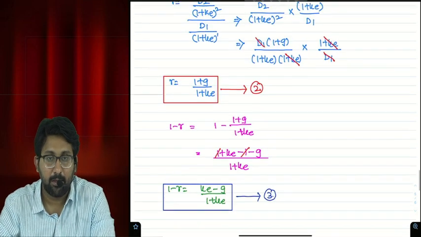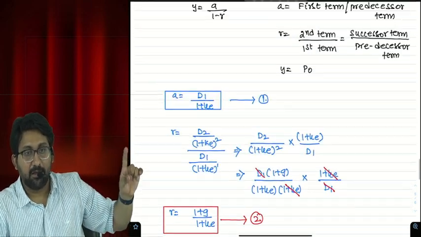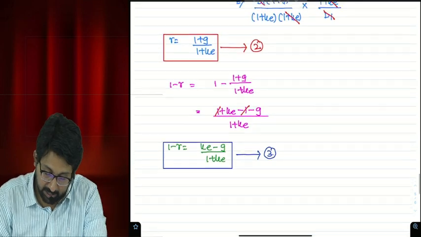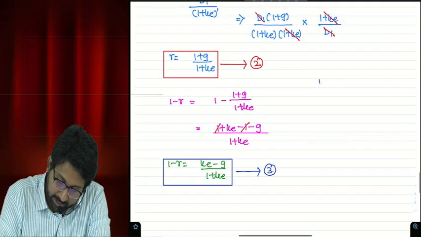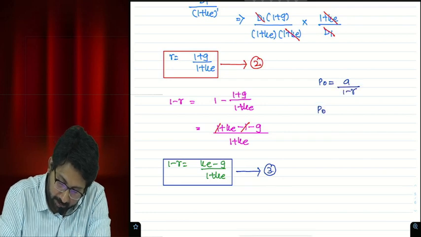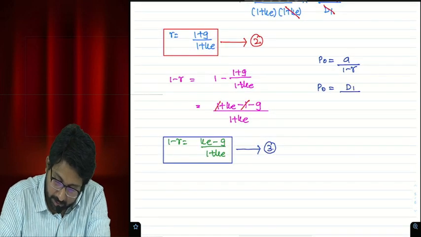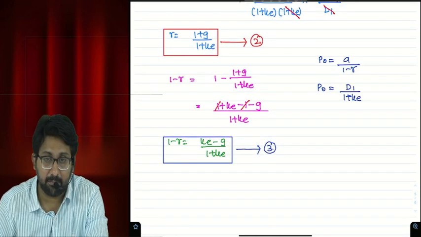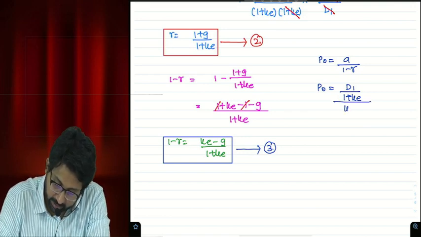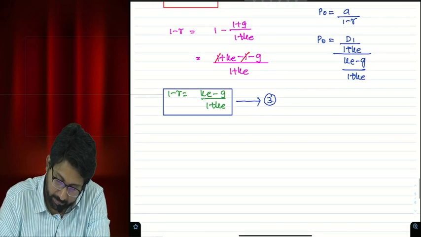Number 3. We now obtained A, R, 1 minus R. We want A by 1 minus R. So P naught equal to A by 1 minus R. P naught equal to d1 by 1 plus ke, whole divided by ke minus g divided by 1 plus ke.